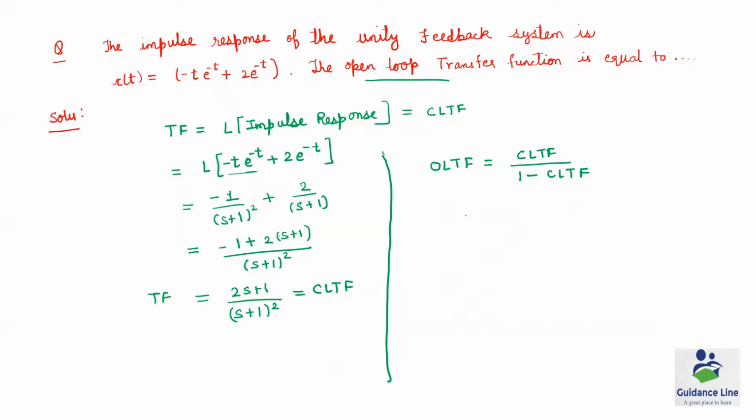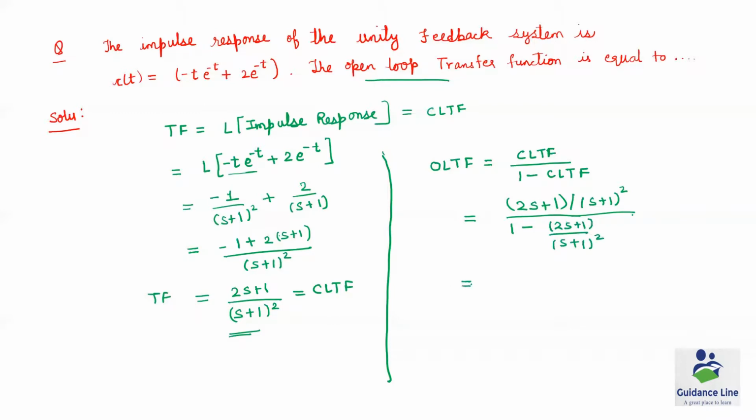So now you can see if I substitute this particular value, we get (2s+1) divided by 1 minus (2s+1) divided by (s+1)^2.